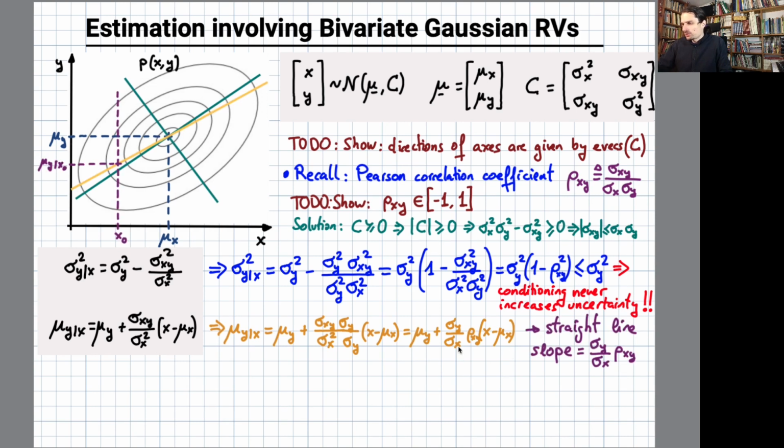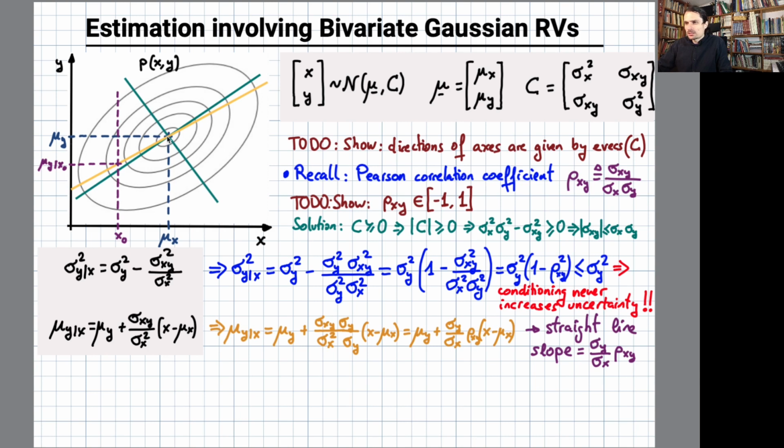One can now just look at this expression as a function of x. That would mean that this is a straight line where this is the ordinate and this is the slope, okay? So this is represented in this figure by the yellow line, okay?